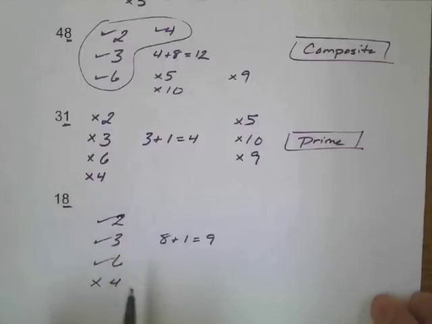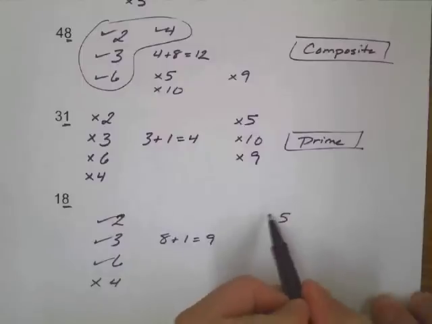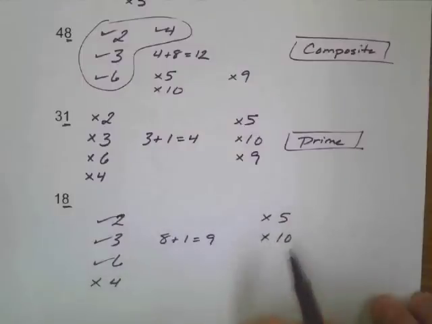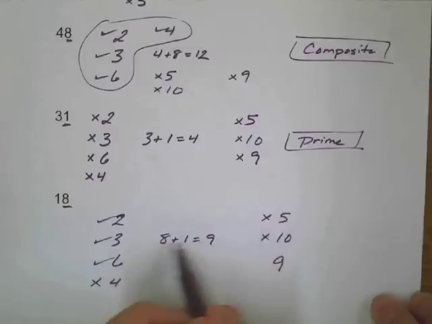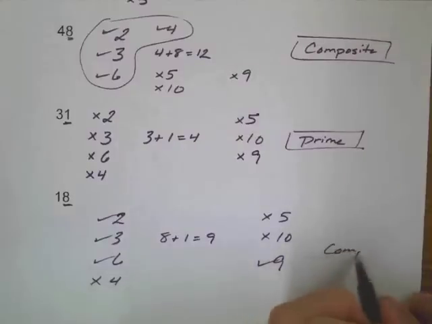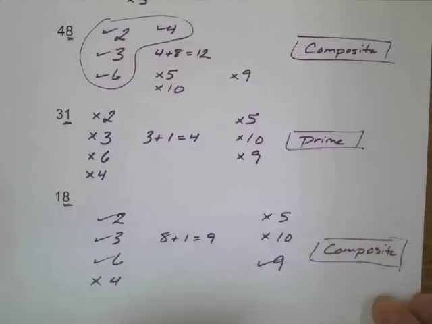The last digit's an 8. That means it is not divisible by 5 or 10. So finally 9. Well, 8 plus 1 is equal to 9, and 9 is divisible by 9, so it's a yes for the 9. It means it's a composite number. It's divisible by 2, 3, 6, and 9.